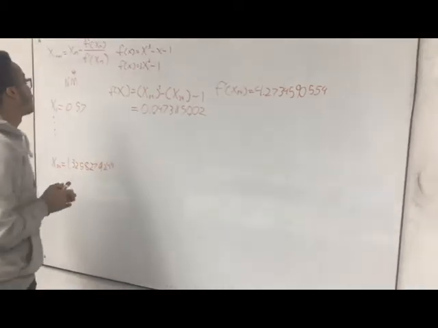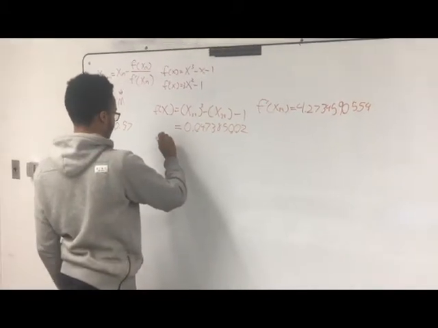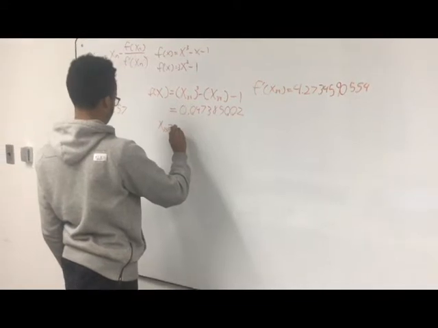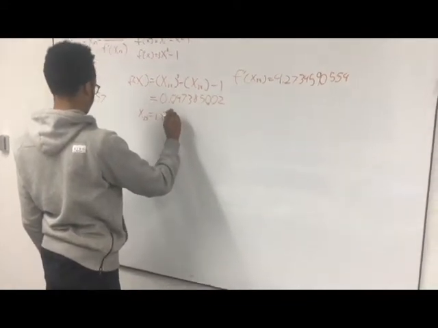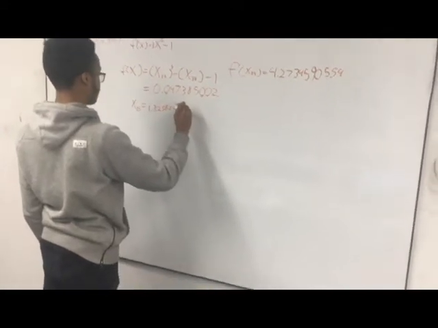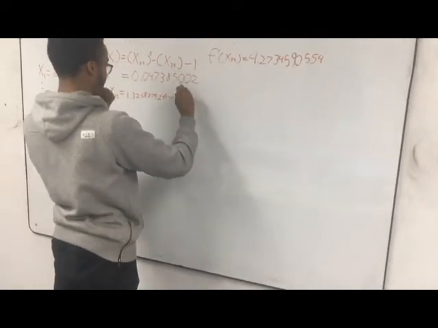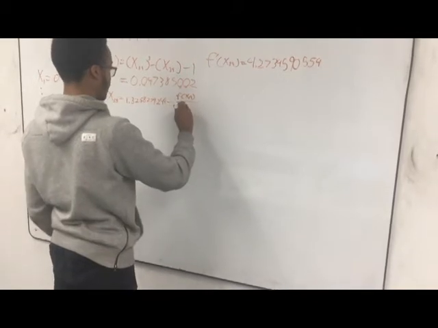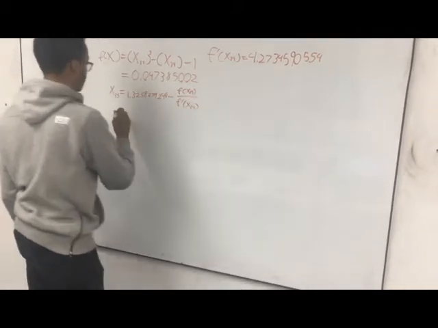Now, of course, we have to plug it back into here, which will mean that we have x sub 35 equals 1.32582792244 minus our f of x sub 34 divided by our f prime of x sub 34.